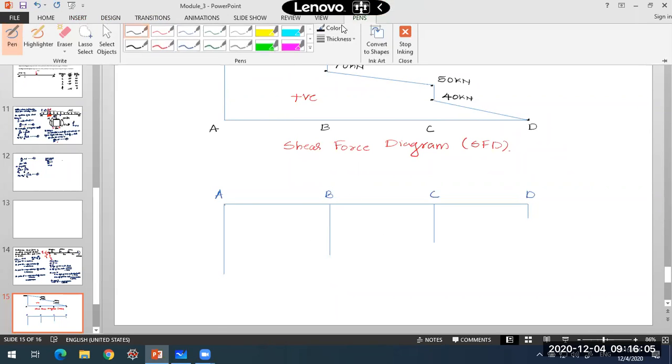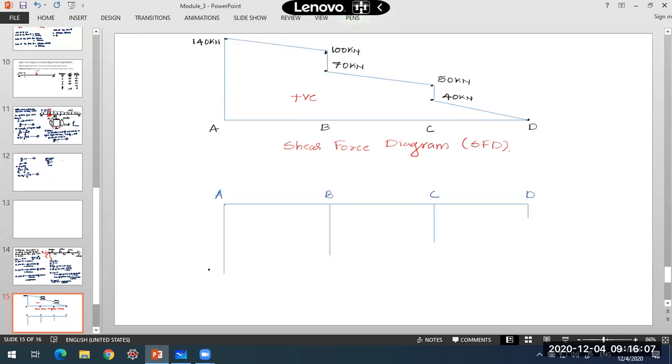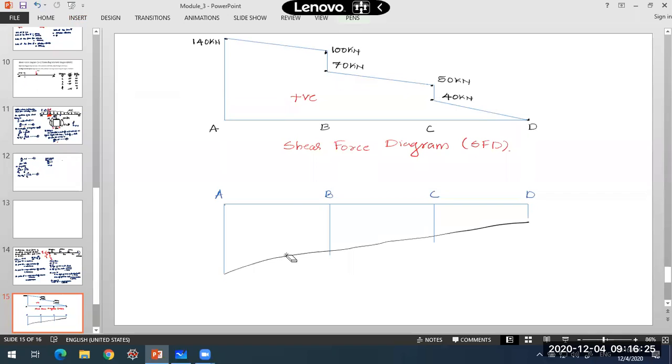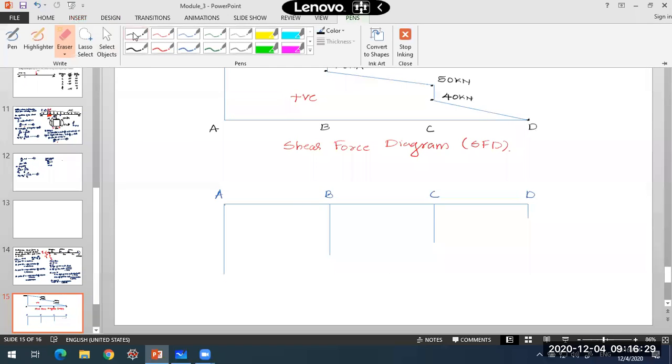Now with these ordinates, I have to plot the variation of bending moment. How will the variation be? It will be parabolic, like this. Connect these ordinates. Sorry, I'm not getting the correct curve over here, but it should be a curved line, not a straight line.